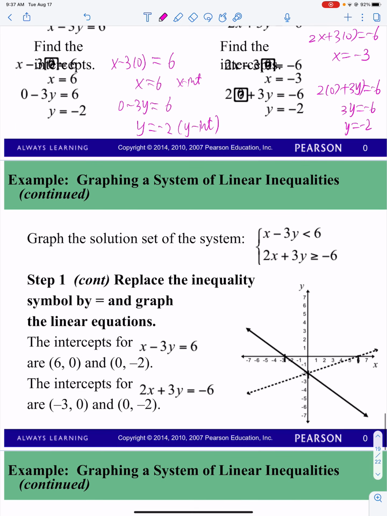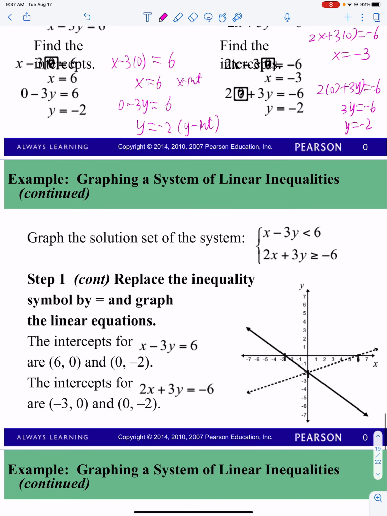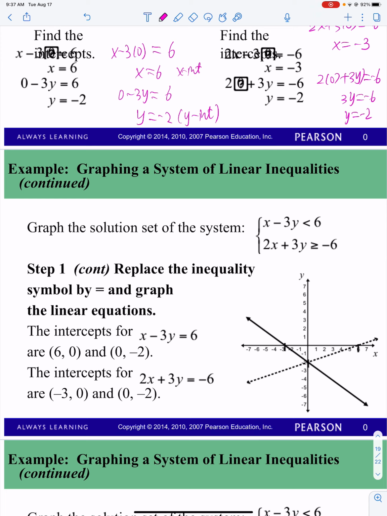So remember, for the first line, this one is a dotted one. For the second line, it is a solid line. Yeah, so now what is the test value? 0, 0. So for the first inequality, 0 minus 3 times 0 less than 6. So 0 less than 6, is this true or false?